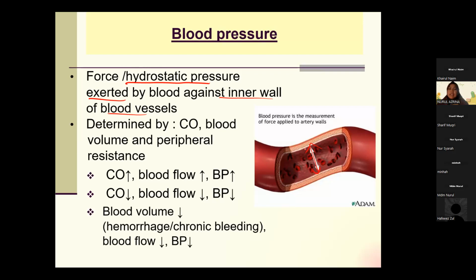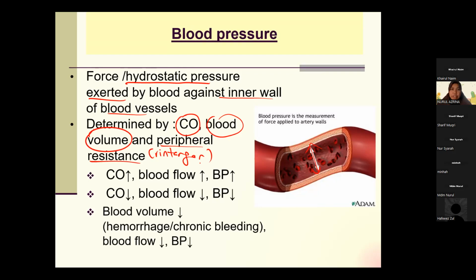High blood pressure or low blood pressure can be determined by cardiac output, blood volume, jumlah darah yang mengalir dalam blood vessel tersebut, and peripheral resistance ataupun kita panggil sebagai rintangan.